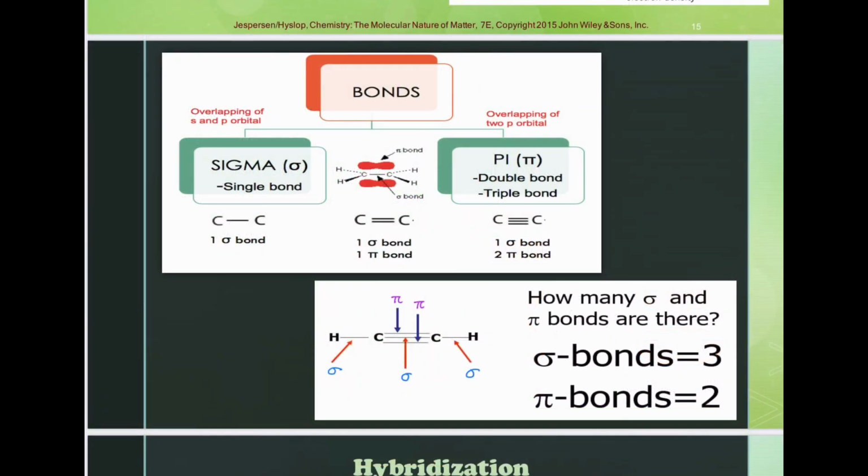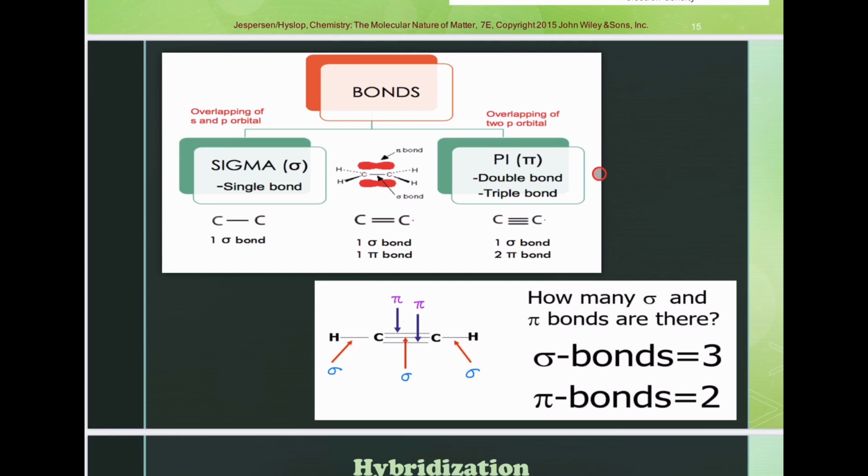So these are the types of bond, sigma and pi bond. Look at the sigma is the single bond, and the pi is a double and triple bond. And look at this, overlapping of s and p orbital for the sigma bond and overlapping of 2p orbital is pi bond.